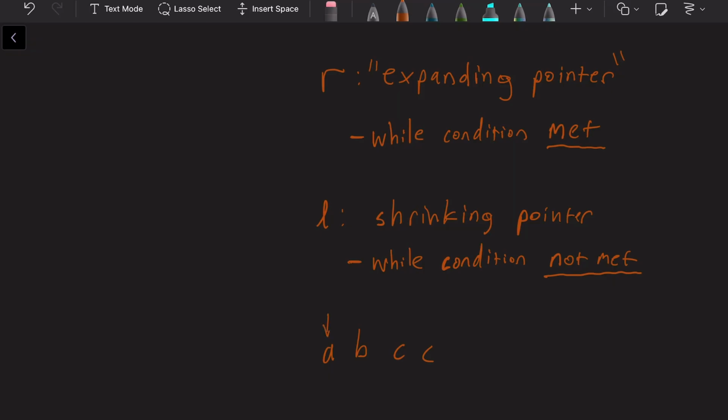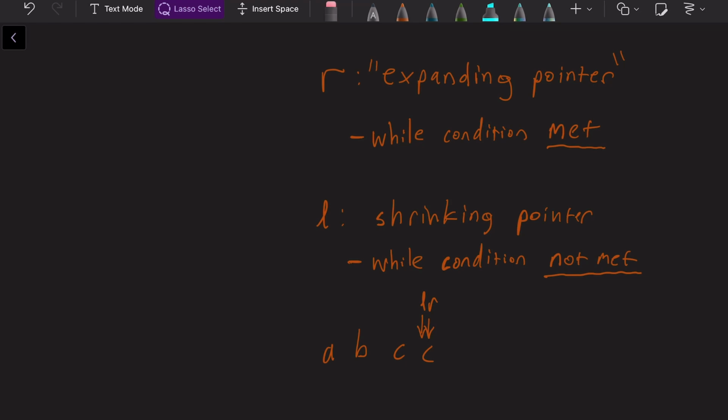Now the condition was violated or not met. We did have duplicates, right? We had two C's. So what did we do? We shrank the window from the left continuously until the condition was once again met, until there were no duplicates.